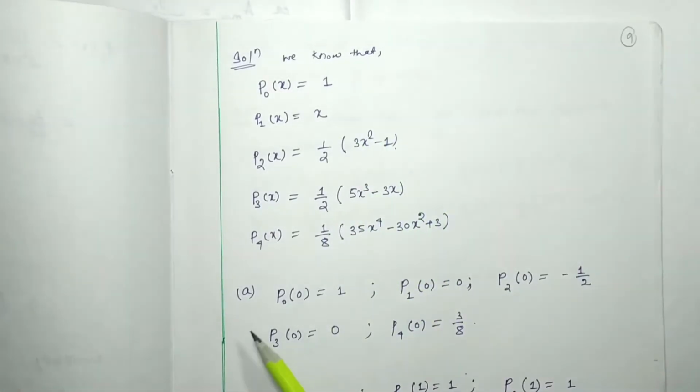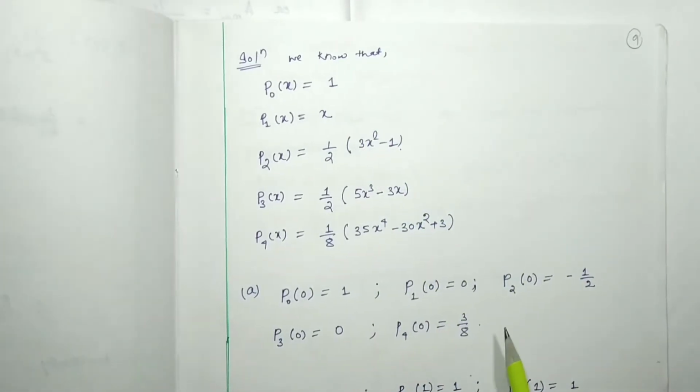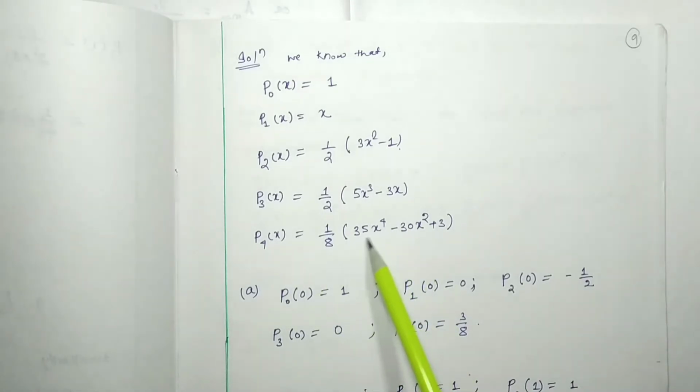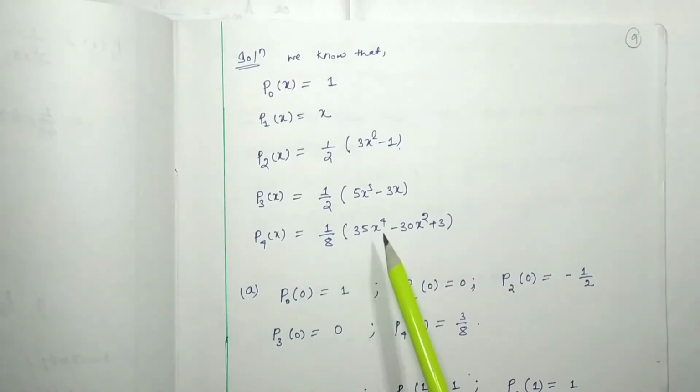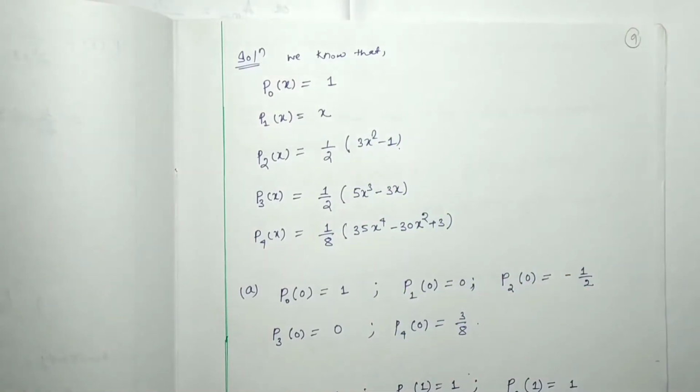So those things I have written first as per the question. So these are the polynomials up to 4th order. See, this polynomial has highest power 4, so only for that it is called the 4th order Legendre polynomial. So these are the polynomials I have written.